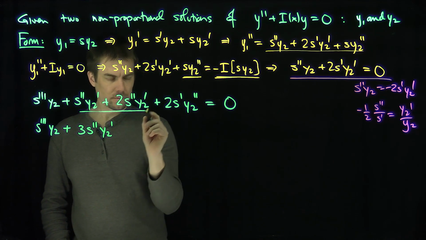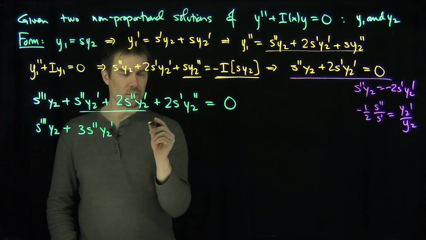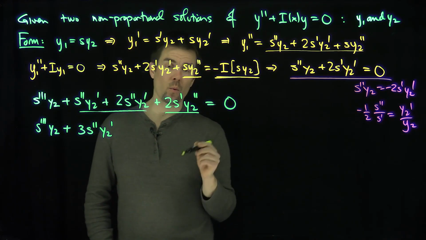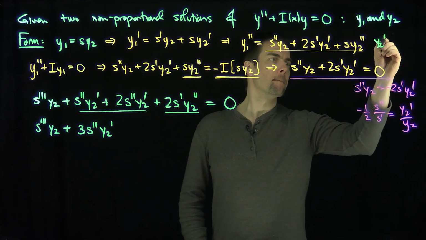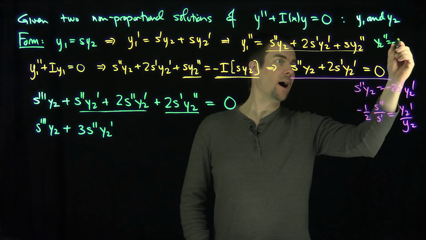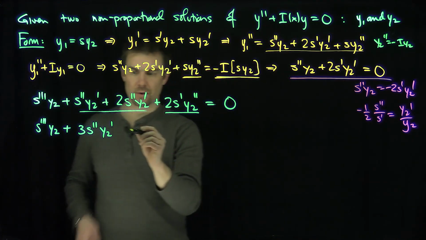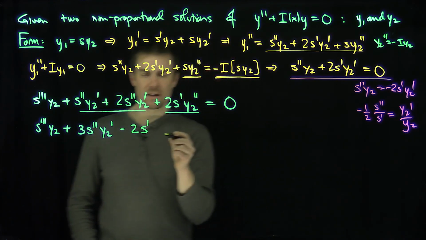to, let's examine this term over here carefully. What is this term over here? Well, this term over here is y2 double prime. I know that y2 double prime is negative I y2. So this term over here is really negative 2 s prime and then negative I y2.